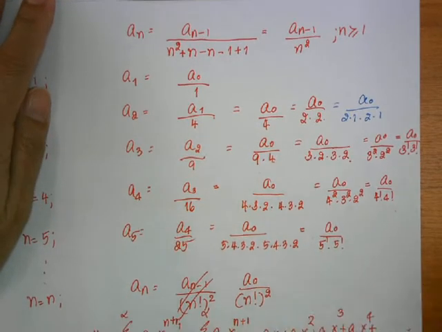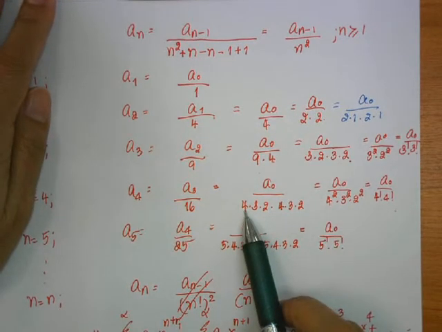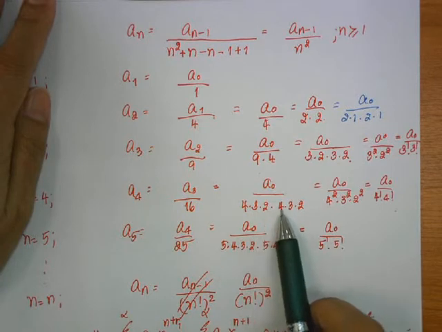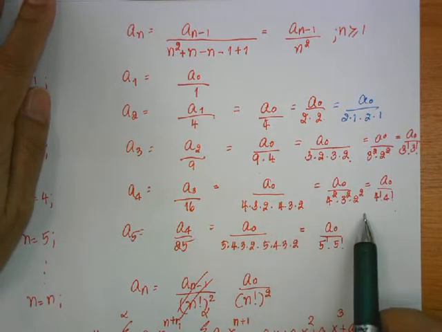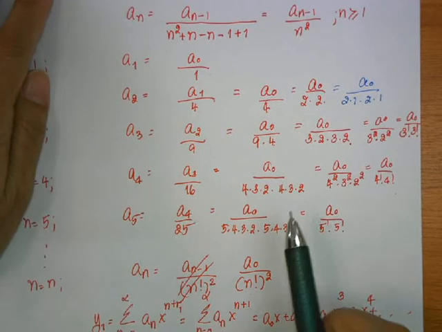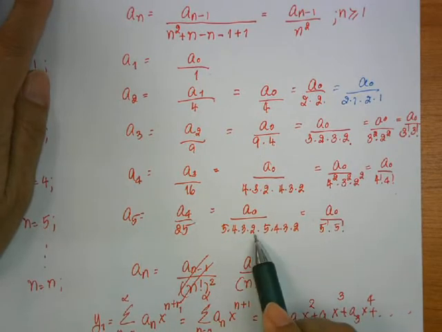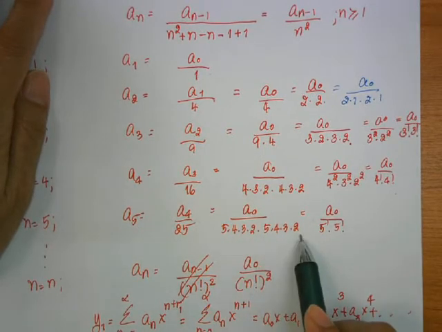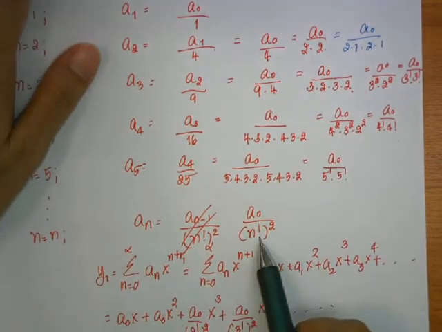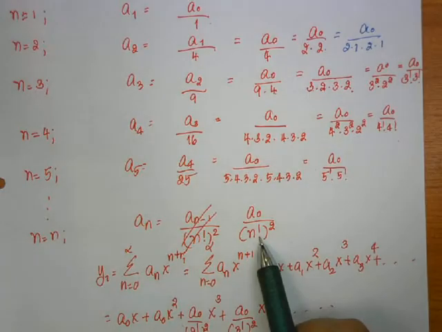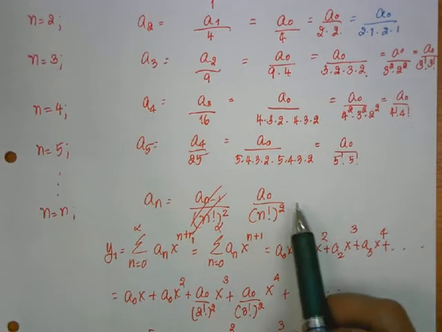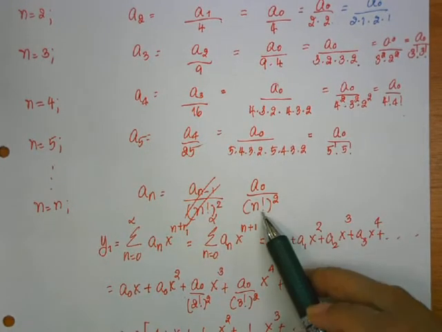And this one, you have 4 factorial times 4 factorial. And when you plug n equal to 5, you've got 5 factorial times 5 factorial. Now, if you have n, you would get n factorial times n factorial, which is equal to n factorial to the power 2.